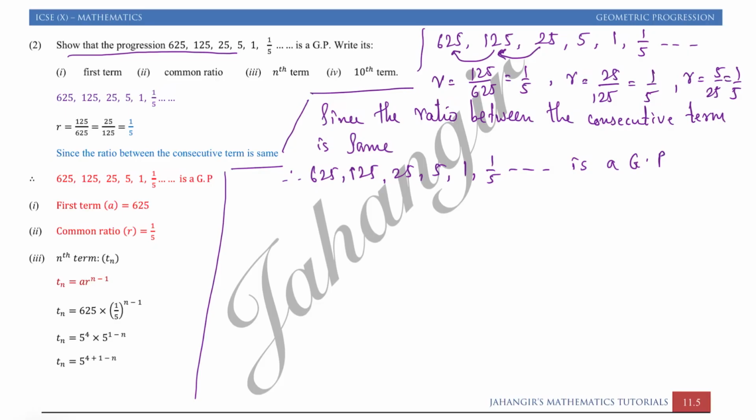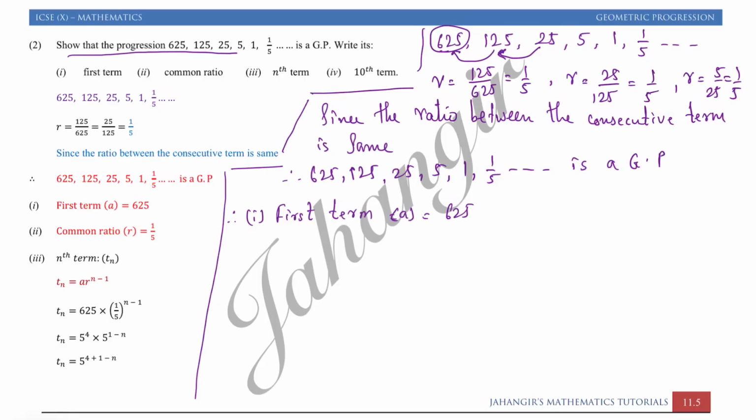So therefore my first term is A, which is 625, this one.